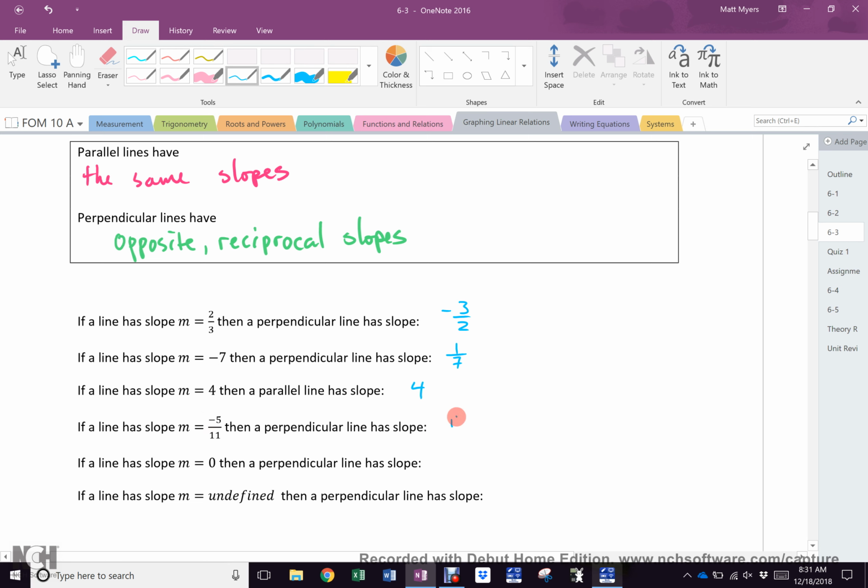It's got to be opposite. 11 over 5. 0. One over 0, which is undefined. And if I am undefined, what's my opposite slope? Good gravy, guys. You just did it. Zero.